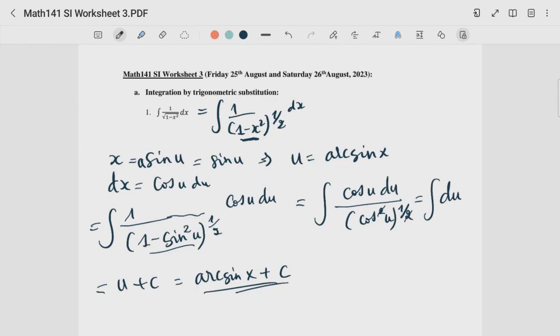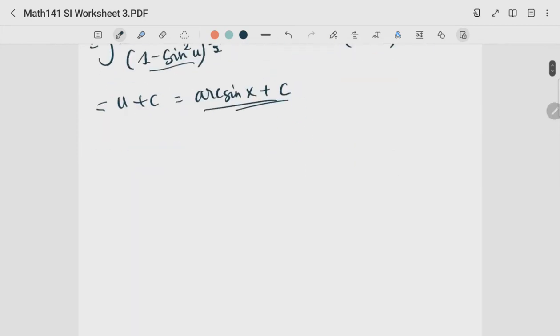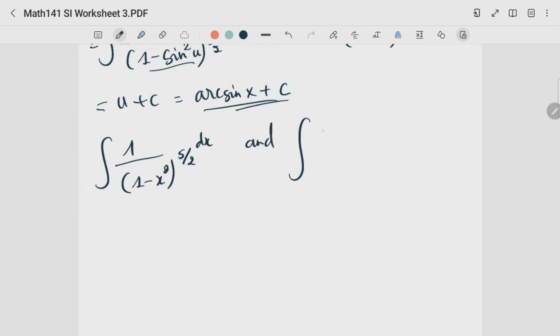Maybe I can give you some sort of homework question. Try this, attempt this integral. First attempt 5 over 2 dx and attempt 5 over 3 dx. Try that. Attempt it, tell me if you get to something.